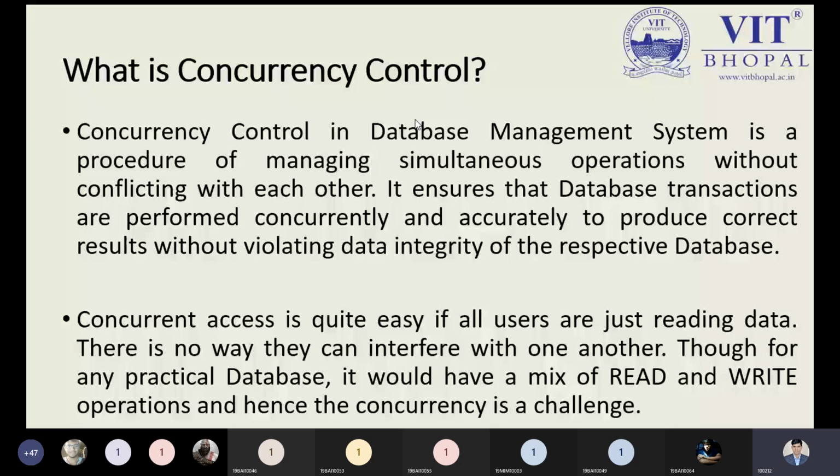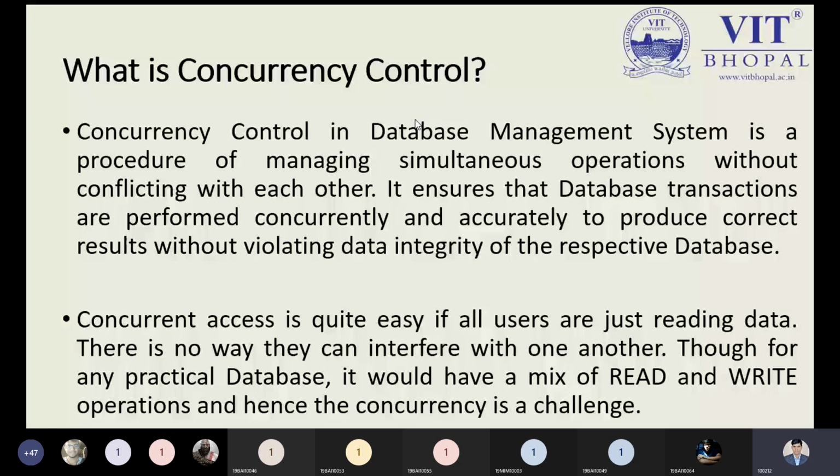Since we are reading in the transaction, there is no issue. We can read multiple pieces of information from multiple transactions, and there will be no issue. But when we're talking about writing, the concept of conflict serializability becomes applicable. How to manage conflict serializability is the most important part. And what is conflict serializability?